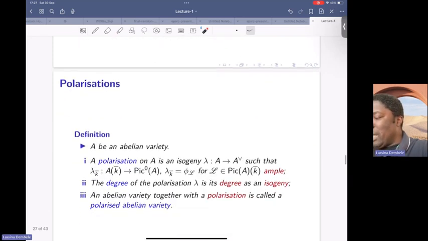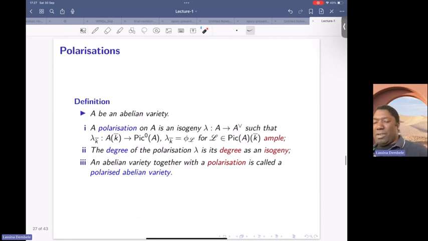And with this, we can now introduce the notion of a polarization of an abelian variety. So if you start with an abelian variety, a polarization of this abelian variety would simply be an isogeny from A to its dual, which is given by a line bundle which is ample.